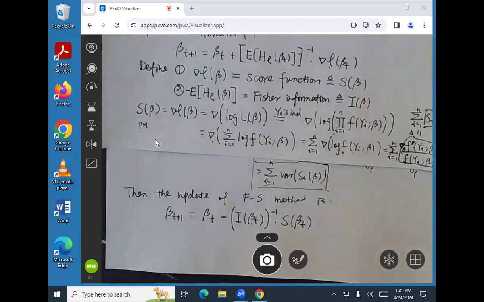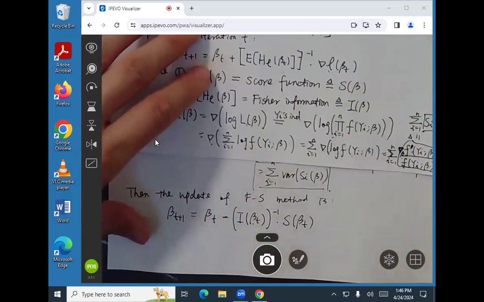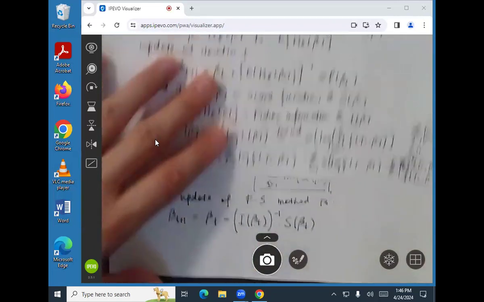Okay, so then let's look at, basically, before we finish today, I will just quickly show you a derivation for logistic regression. So for logistic regression, this is what we can have.